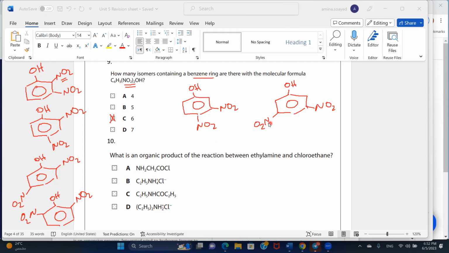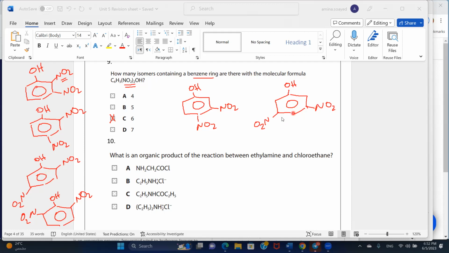If you try to put the NO2 here, both NO2 will be opposite to each other. It's just like this one. If you put the NO2 here, as if it is the NO2 beside the OH, the other one will be opposite to it. So these will be repeated.